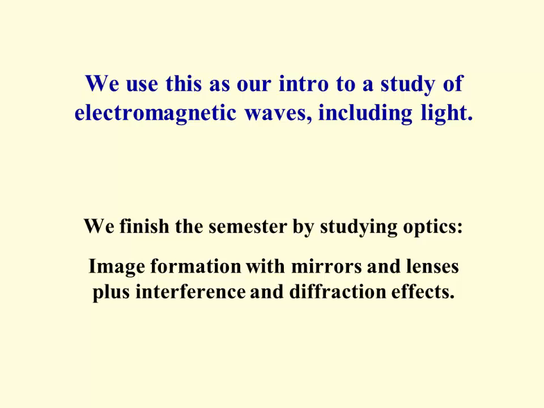We'll use this as our intro to the idea of properties of waves, such as radio waves, cell phones, TV, whatever, but also light. And we finish up the semester by studying optics, image formation with mirrors and lenses, plus interference and diffraction effects. Those tend to be not very important to most people taking this class, but it is a nice, easy, coast-down way to get out of the semester.